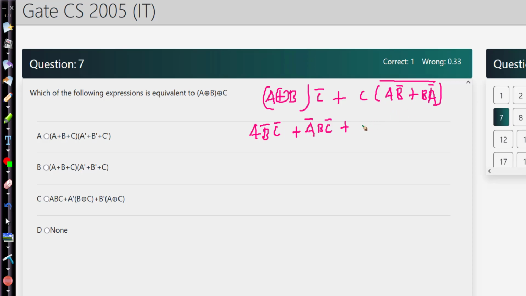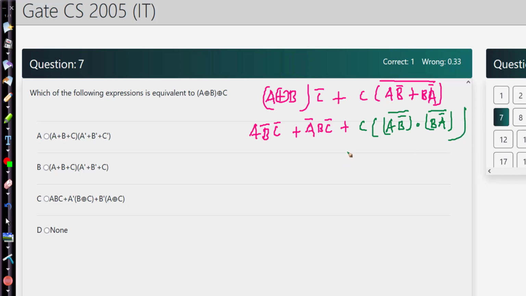So this is C multiplied by, we are going to apply De Morgan's rule. So this will be A B complement whole complement multiplied, the OR operation will be converted to multiplication operator, and this would be B A complement whole complement.